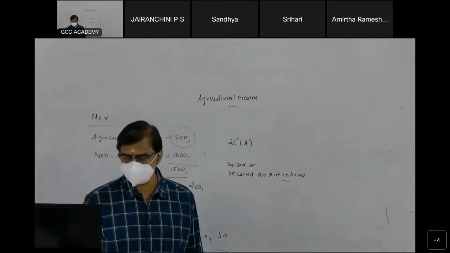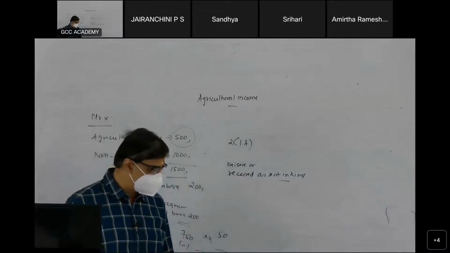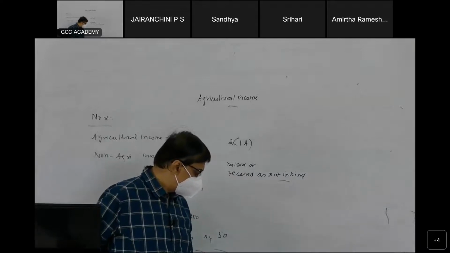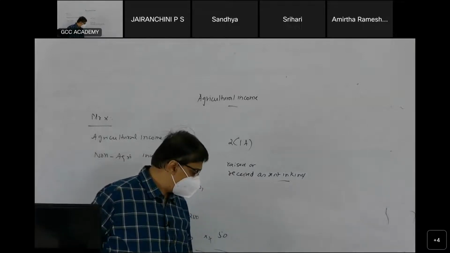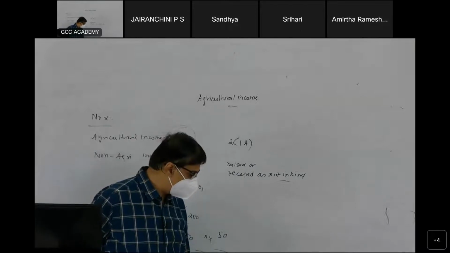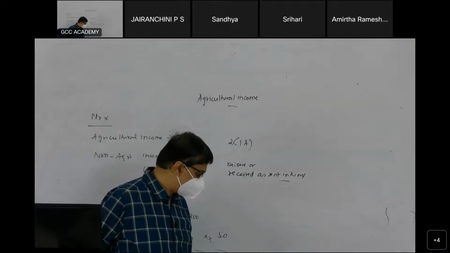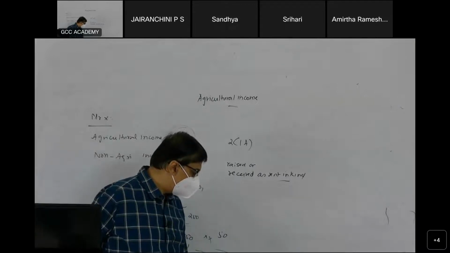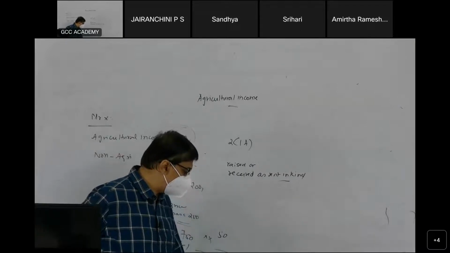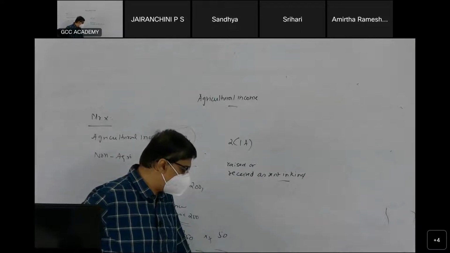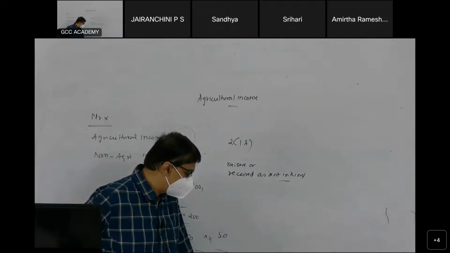So you may even receive it as a rent in kind. So I'll repeat, the building should be occupied by the cultivator as a landlord or as a tenant and used for agricultural purposes. Or the building should be occupied by the cultivator or as a landlord or as a tenant or receiver of rent in kind.